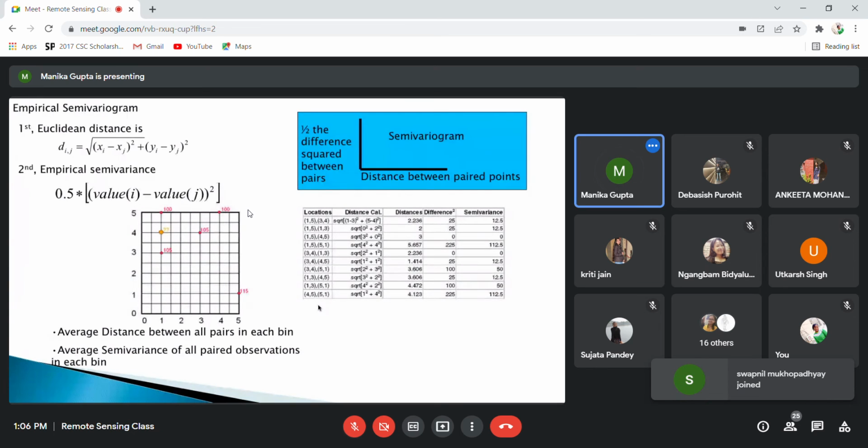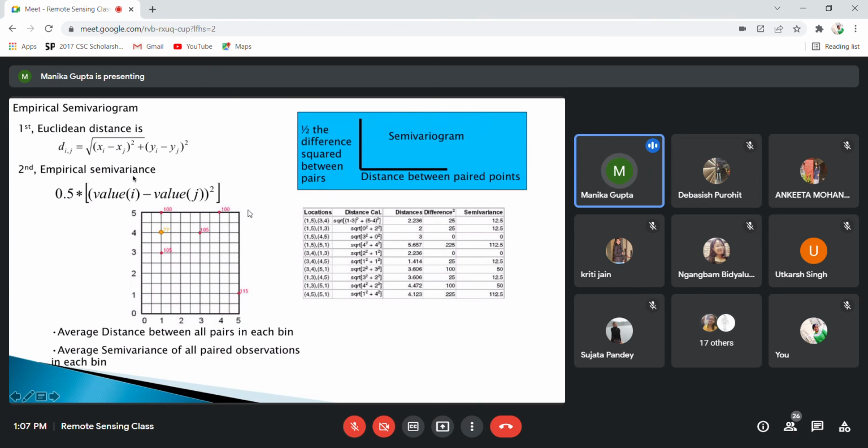Okay, everyone? Yes, ma'am. So we are calculating the Euclidean distance here using this formula between all these points which we have. So between this point with this point, whichever point you have, you will have these many combinations here. So first you have to calculate this distance here. So you get the distance between particular points, right?